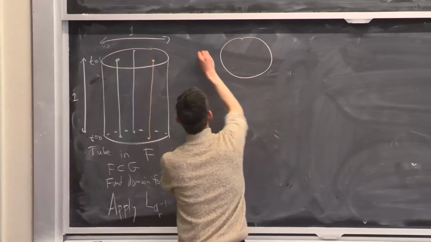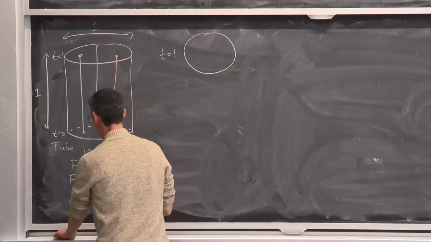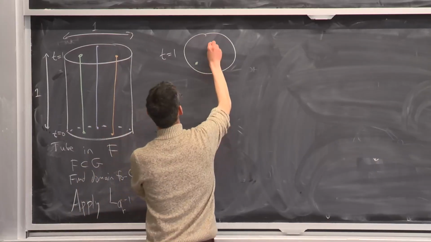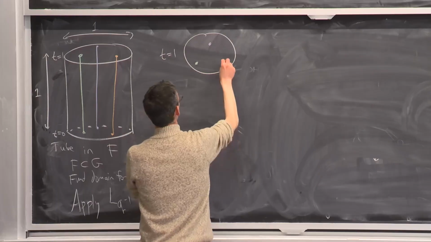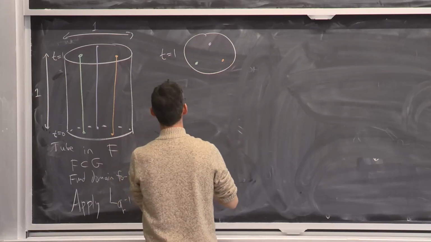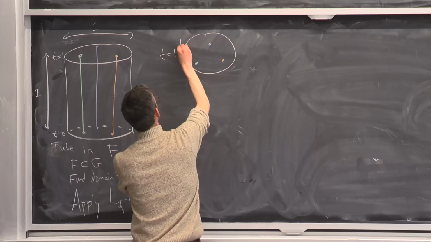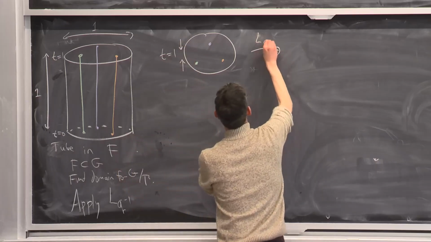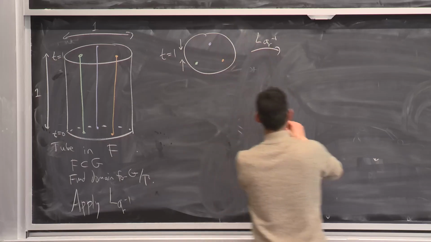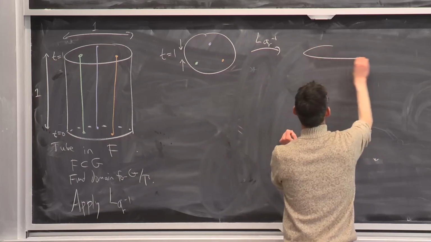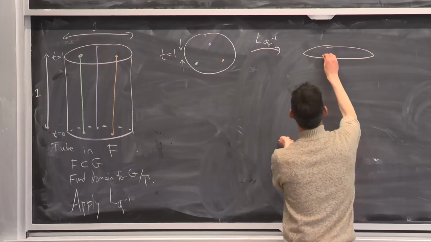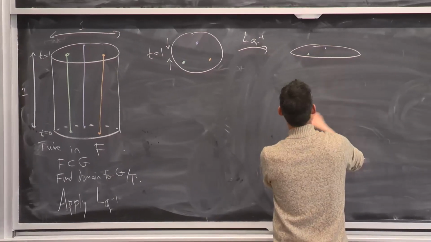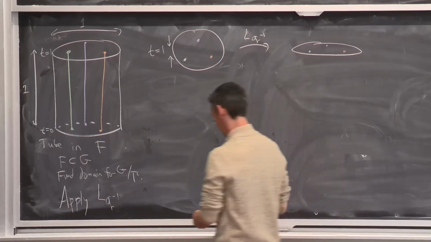So at t equals 1, this. And there'll be some direction that compresses. Maybe it's that direction. And so when we apply a sub r inverse, this disk is going to be squished vertically. And when it's squished vertically, then we'll have a triangle that looks sort of like so. OK.